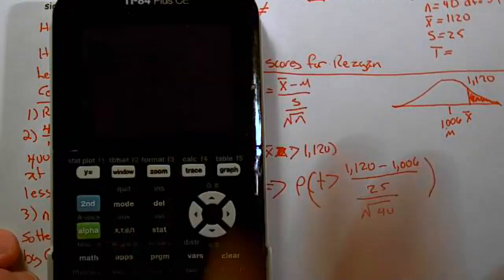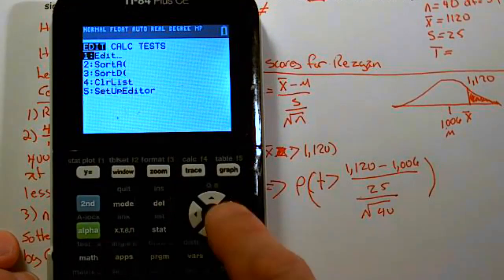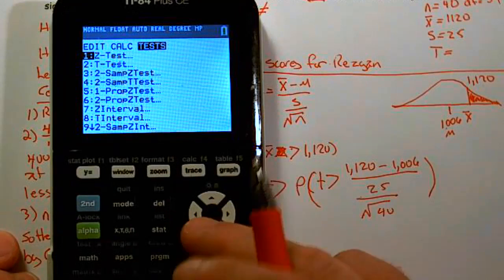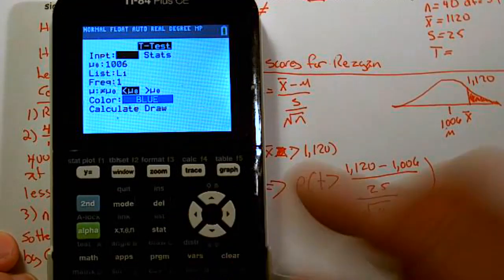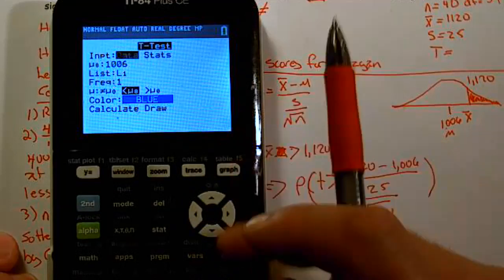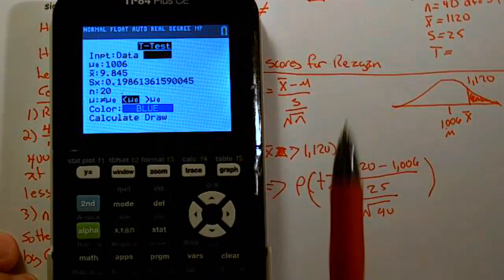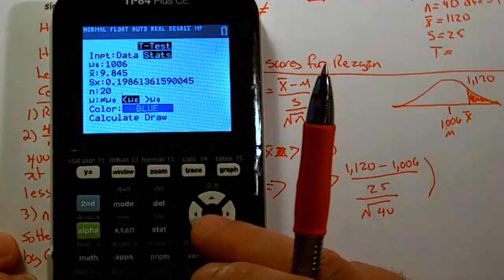So we're going to go ahead and run this thing, stat test, and it's going to be number 2 t-test. And mu was 1006. That's the claim. Oh, I need to go up and make sure that data is not highlighted. I need to highlight statistics because I'm actually using the statistics it gave me.